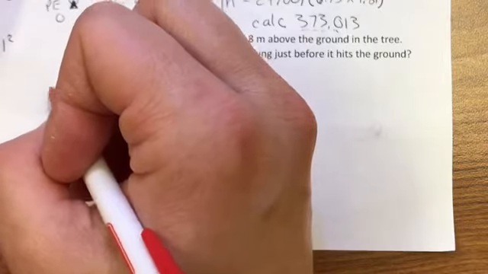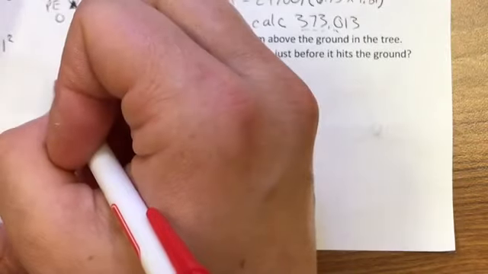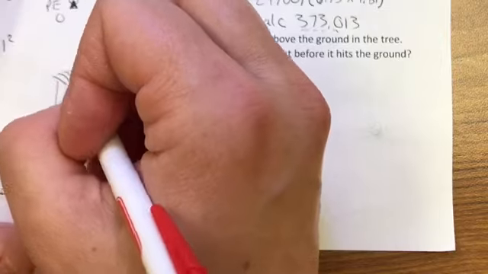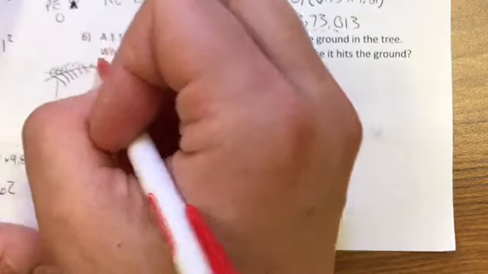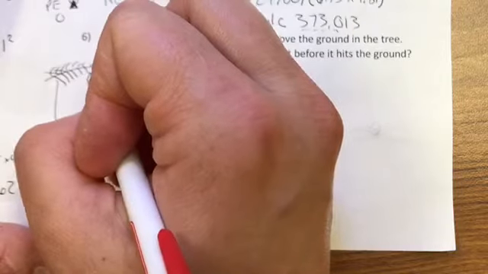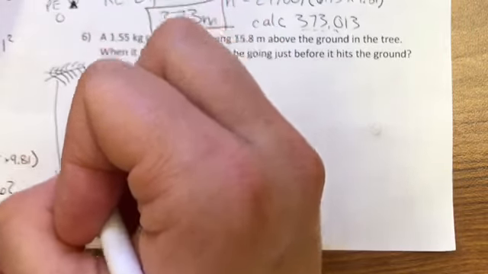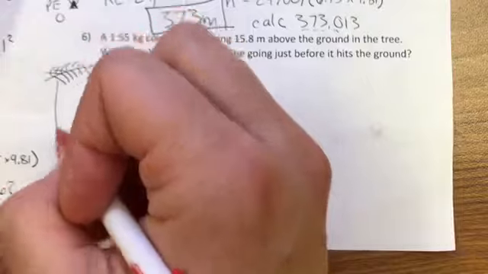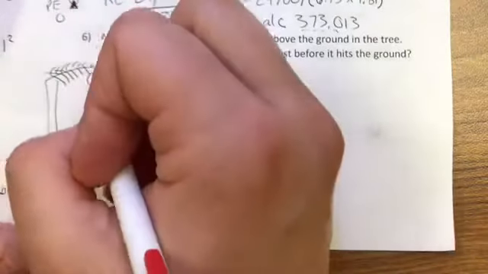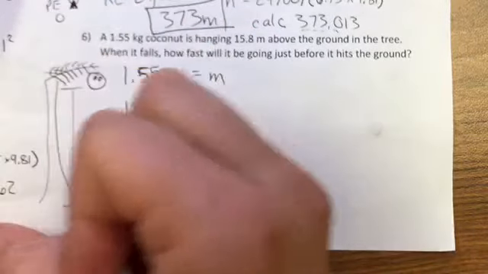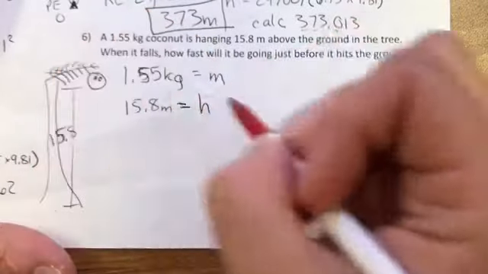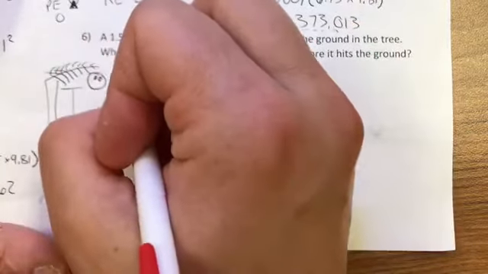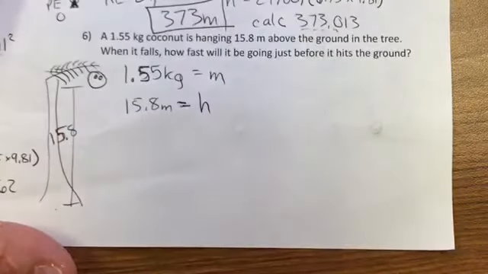So we have our tree. Coconuts are palms, I believe. Here's your coconut, 15.8 meters high, mass of 1.55 kilograms.